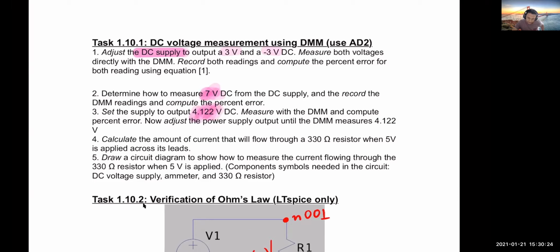You're just playing with the supply source, circuit symbol like that, and obtaining different voltages.